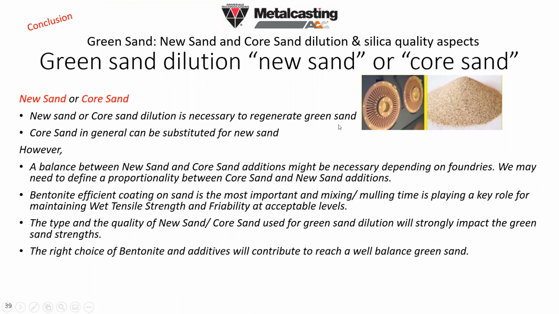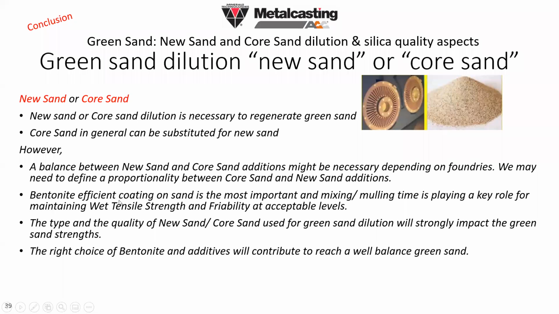Green sand cannot run forever without any regeneration. So you need regeneration anyway. Coarse sand in general can be substituted for new sand. That is also a general conclusion we can have. However, a balance between new sand and coarse sand addition might be necessary depending on the foundry. We may need to define a proportionality between coarse sand and new sand addition.